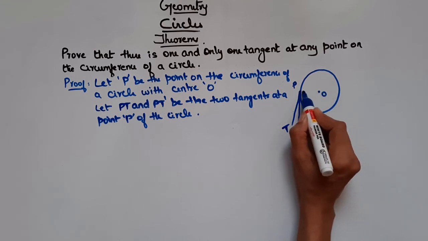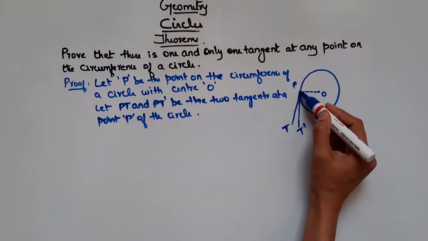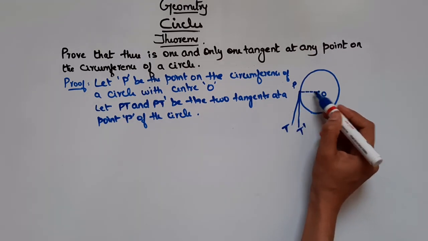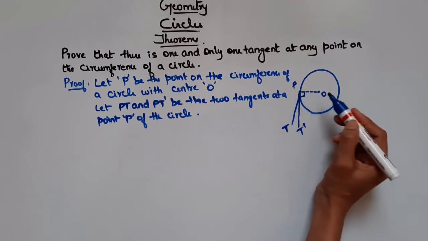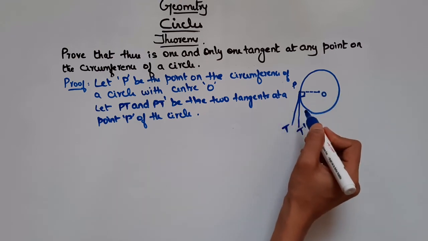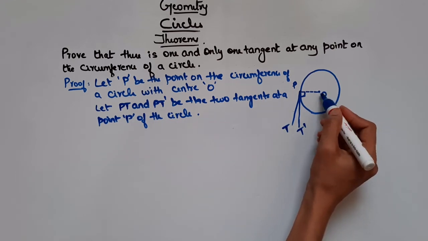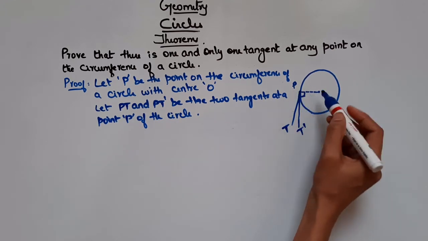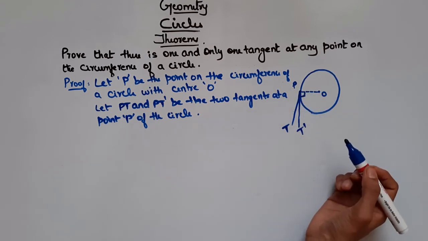So OP is the radius. The angle between the tangent and the radius through the point of contact is 90 degrees. We know this from theorem 1. So in this case, we have two tangents here. So we can say angle OPT is equal to OPT dash, which is equal to 90 degrees, right?